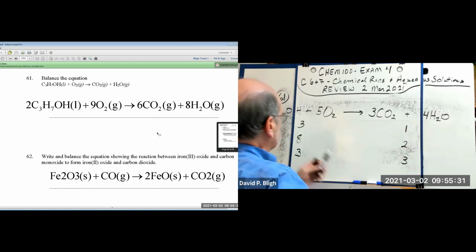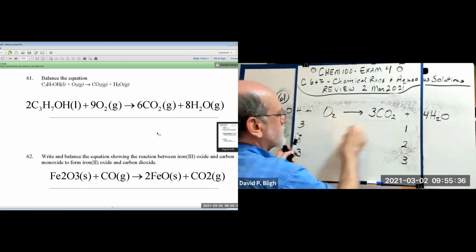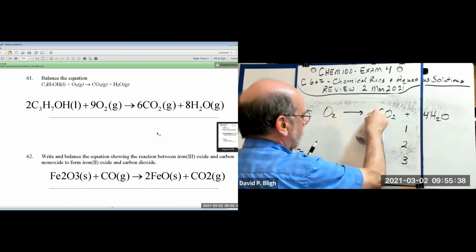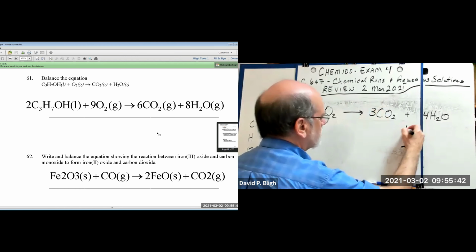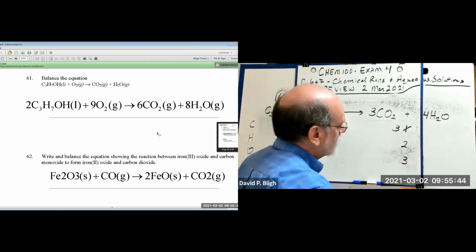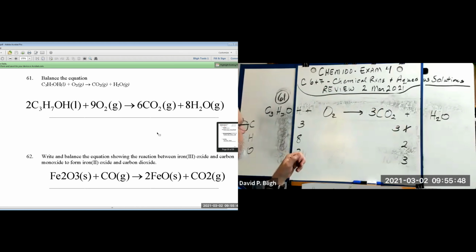Okay. So now if we go back and correct my mistake, well, actually, this is okay. We can do 3 carbons here. We've got to get rid of that one. Okay. Let's try this again. Now that we've counted correctly, 3 oxygens.